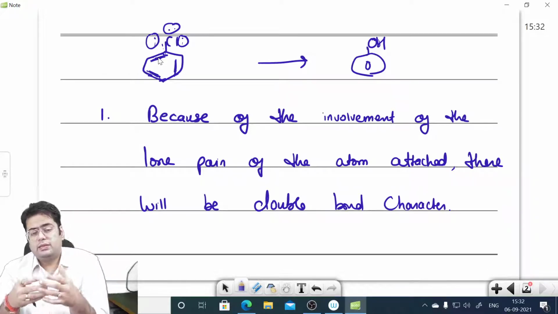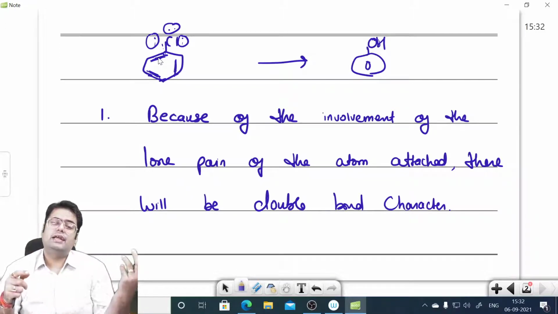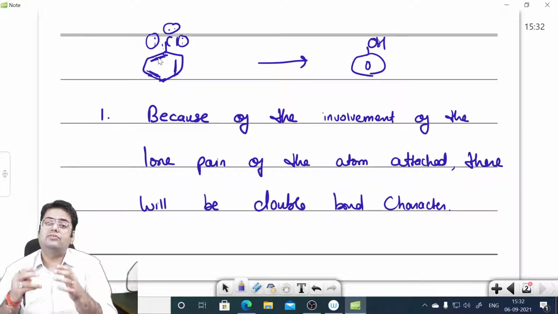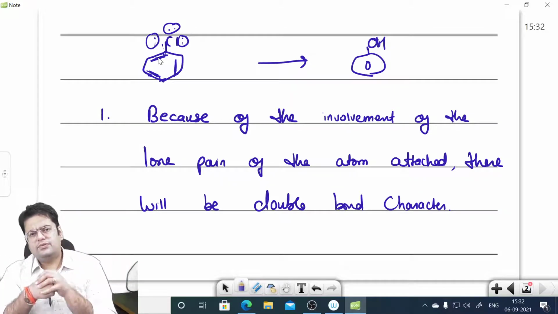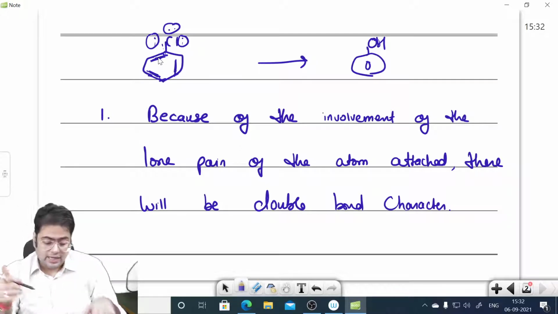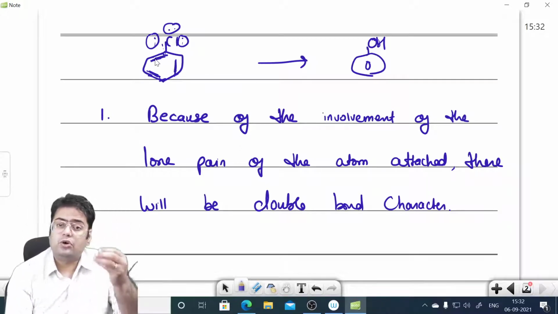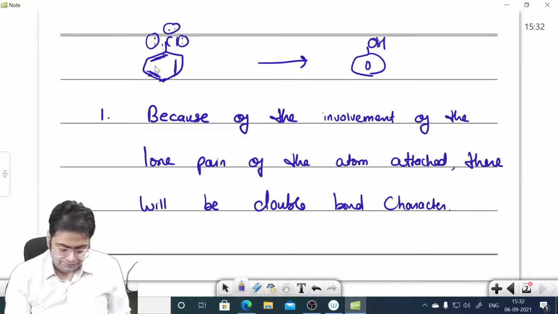And the positive charge on a benzene ring will not be a stable one. What we have seen in our SN1 reaction, we have that tertiary carbocation formation, and as we know tertiary carbocation is stable. Look at this, I am not talking about benzyl carbocation, I am talking about the positive charge on benzene itself, which is not a perfectly stable condition.